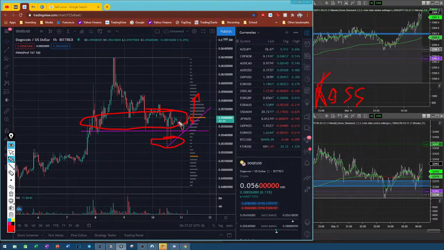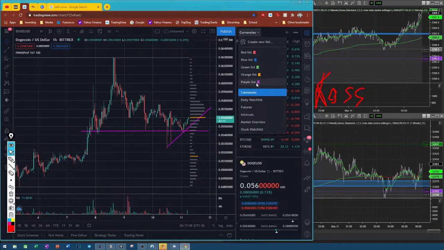I like when you have a good amount of volume hitting into a level like that with spikes down that clearly failed, and we're starting to retrace back upwards. So I think this is a really classic, perfect setup. Yeah, Doge looks good, surprisingly.